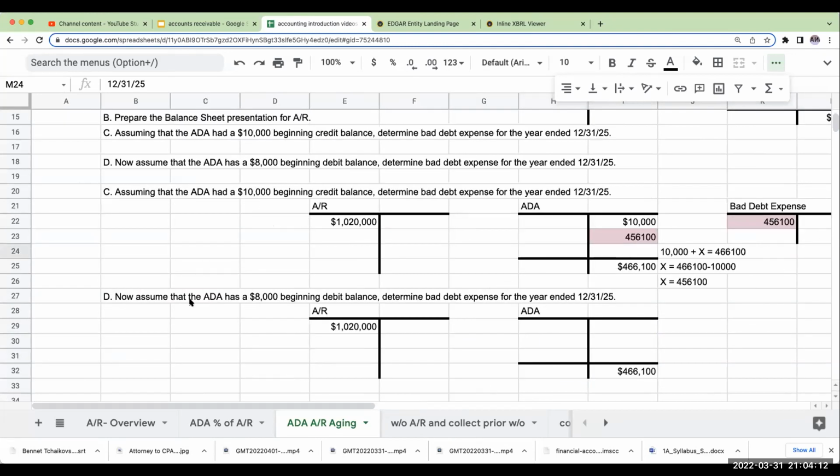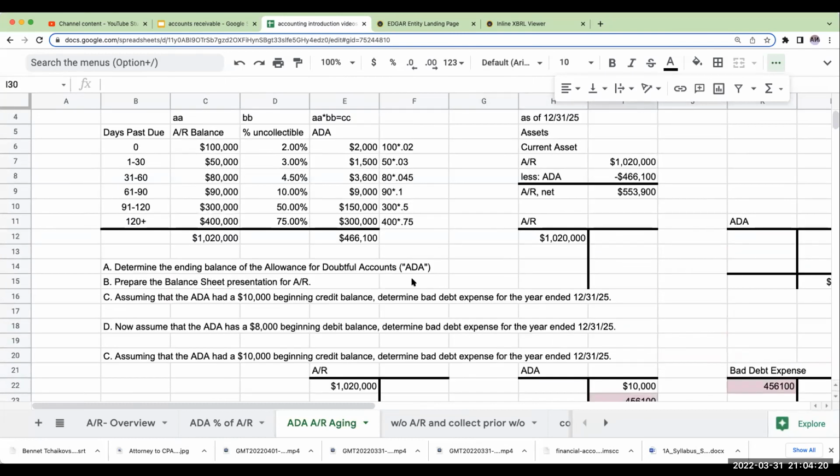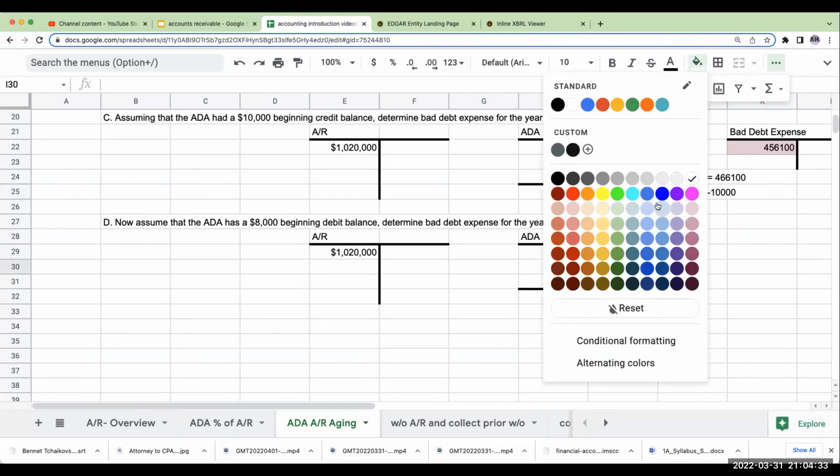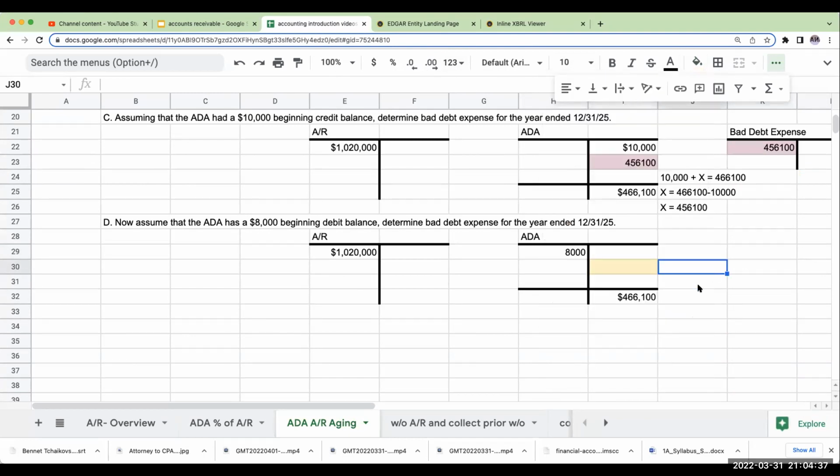Now, assume that the ADA has an $8,000 beginning debit balance. What does this look like now? Again, nothing is going to change in terms of my ending AR net and the allowance for doubtful accounts. It's only whether it's going to be a debit or a credit. So my procedure is going to be a little bit different.